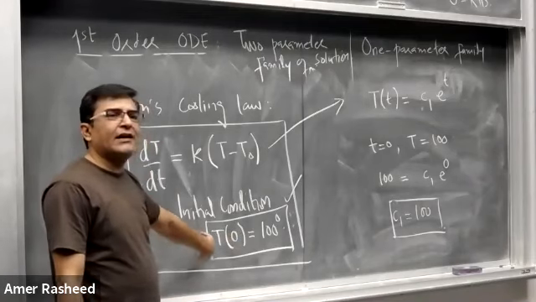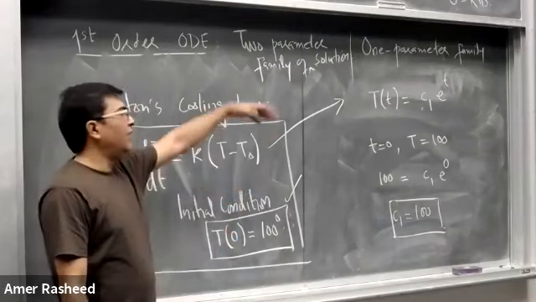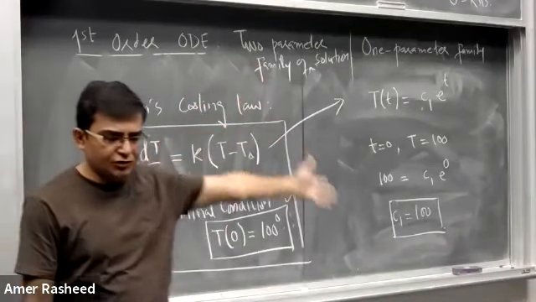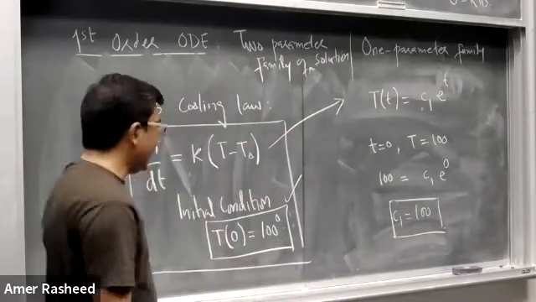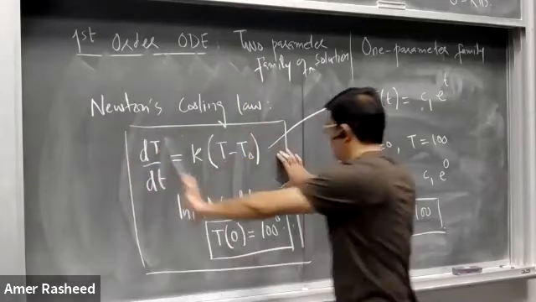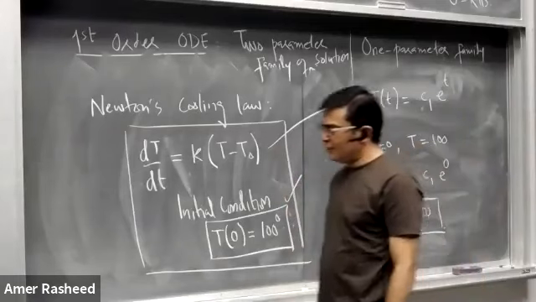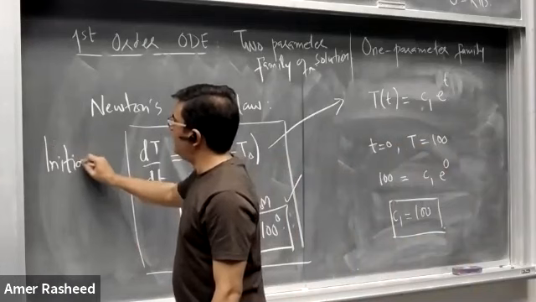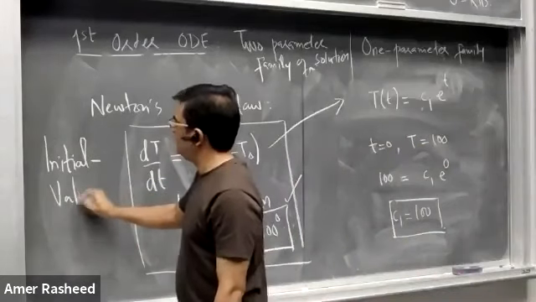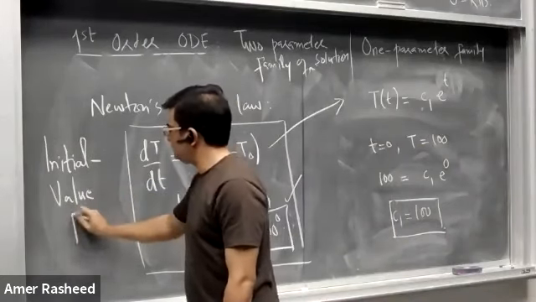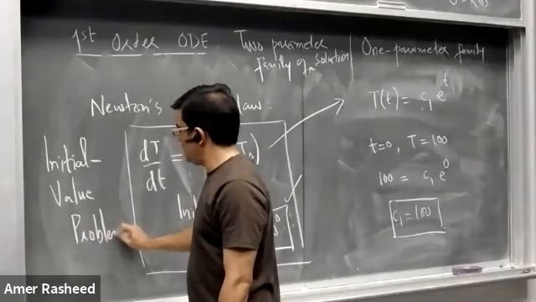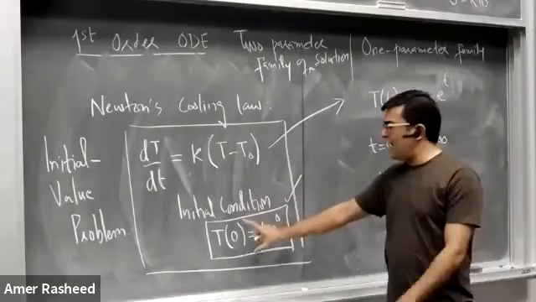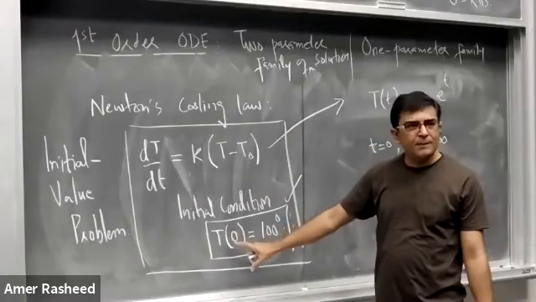So these kind of conditions, they help us in finding those unknown parameters involved in the solutions of differential equation. And as a whole, this problem is called initial value problem, because along with the differential equation, we have one initial condition.